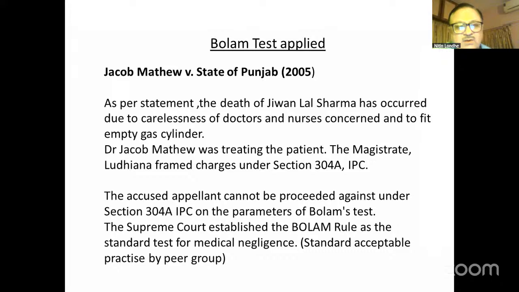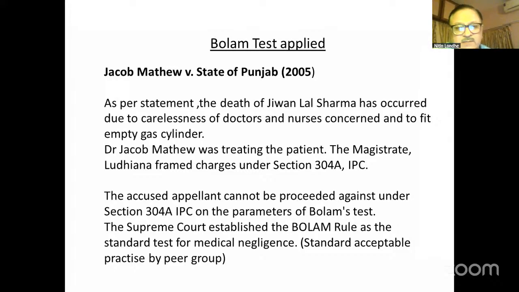Now, this was ratified, or put to application, in Jacob Matthew versus the State of Punjab, wherein, as per the statement given, the death of one Jivanlal Sharma had occurred due to carelessness of the doctors and nurses concerned, owing to an empty gas cylinder.